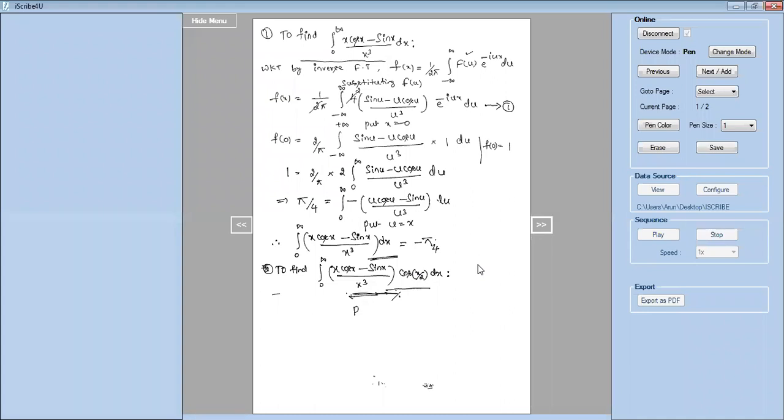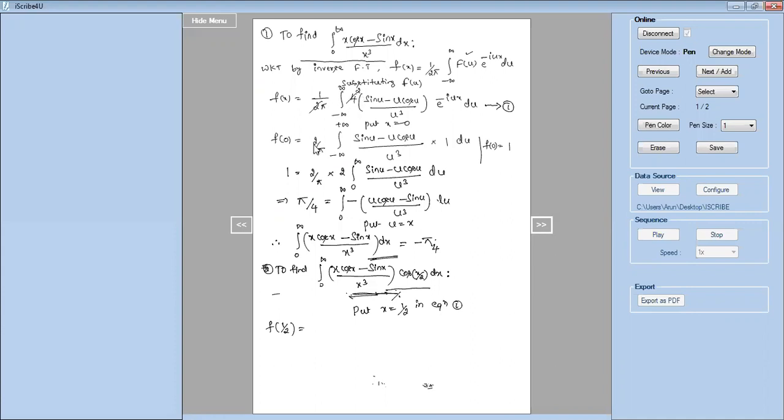Put x is equal to 1/2 in equation 1. We get f(1/2) equals, so here let's straight away write this 1/2 pi into 4. So 4 by 2 is 2.